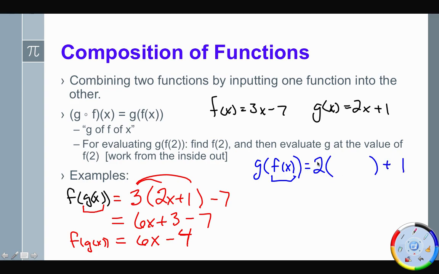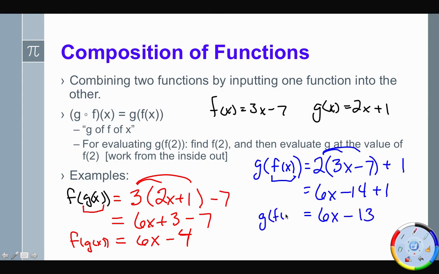And in this case, f is our something of 3x minus 7. Again, it now becomes simplifying, so it becomes 6x minus 14 plus 1, which is 6x minus 13 for g of f of x. So notice the composition gets two different answers when we went in the opposite directions.